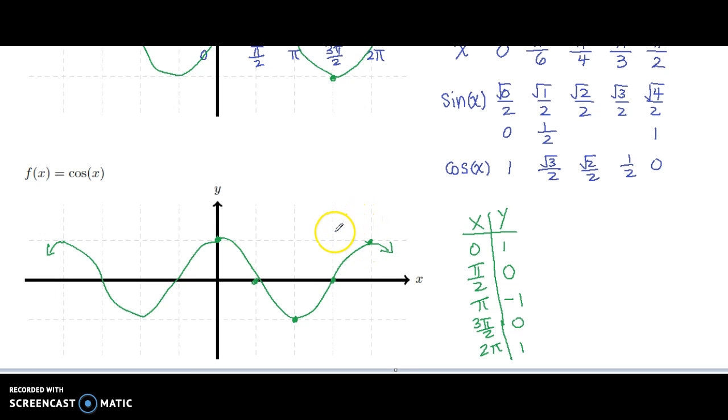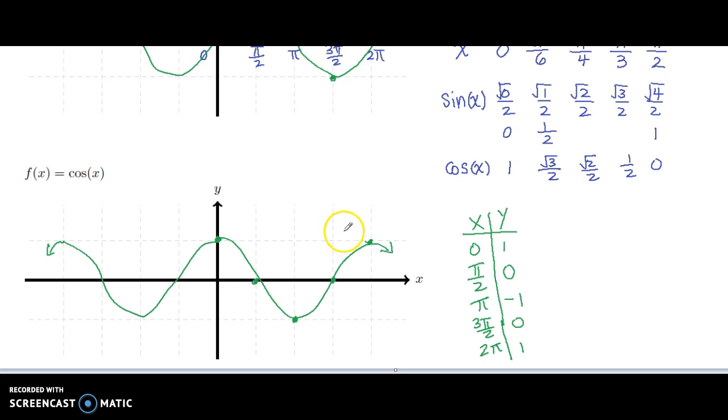Now, once we understand the sine and cosine functions well, we will be able to derive tangent, cotangent, secant, and cosecant, because they are just fractions using sine and cosine. So I refer you to Table 6 of our textbook for more information.